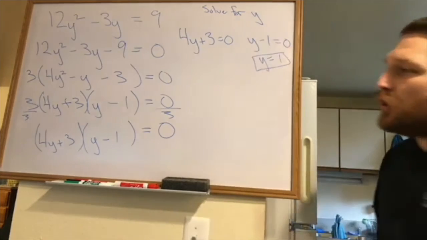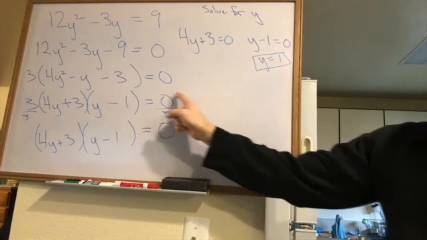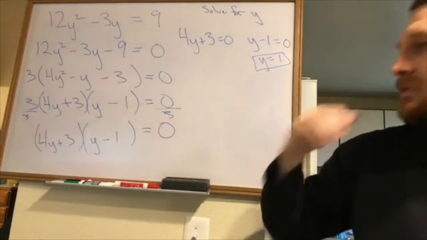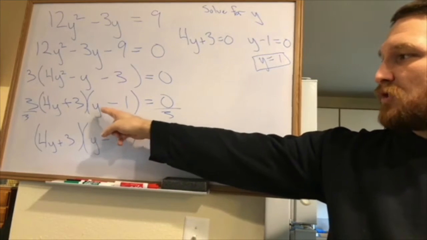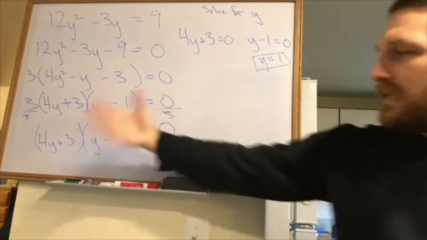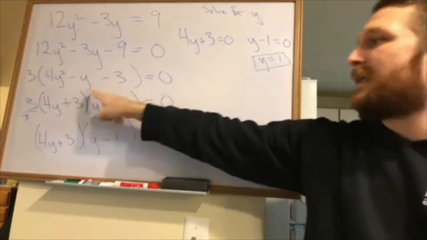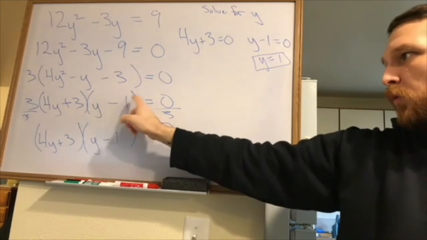Now, another way I could have done that, and this is just something to note, is that once I got to this point right here, what my brain does is I think, is there a number that I could easily plug in right there to make that thing 0? For instance, if I plug in a 1, I'll have 1 minus 1.